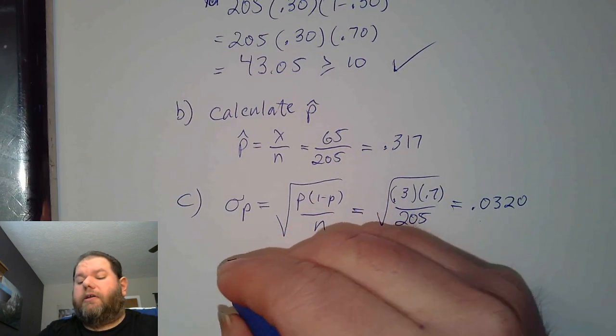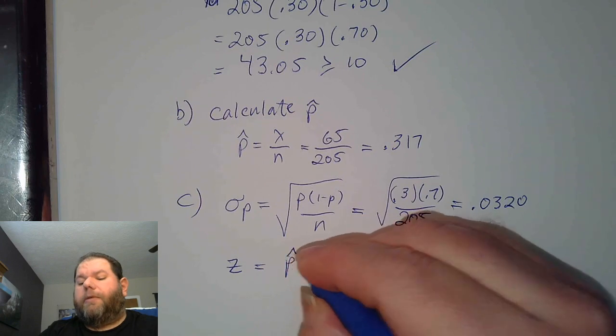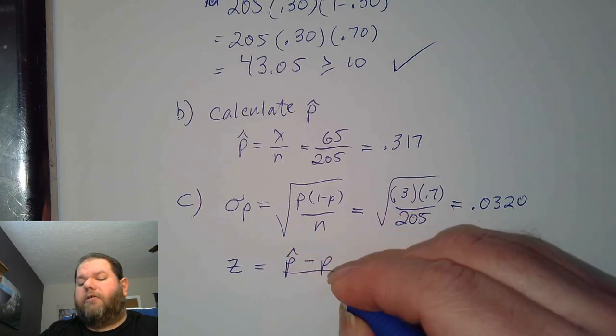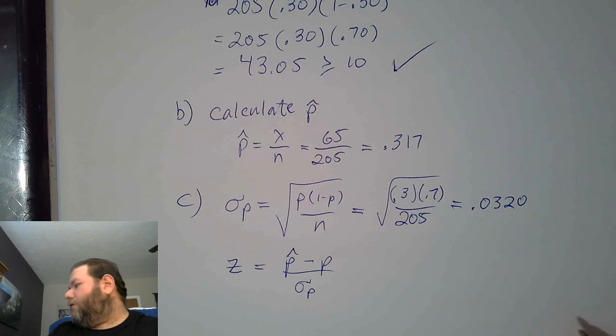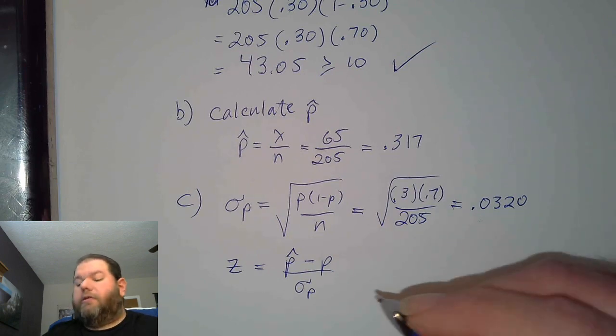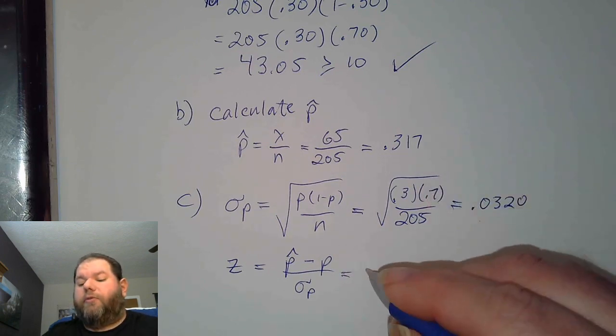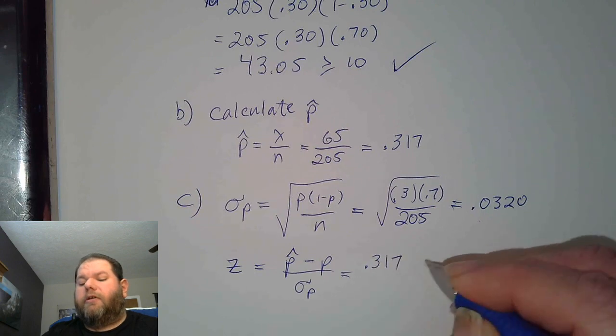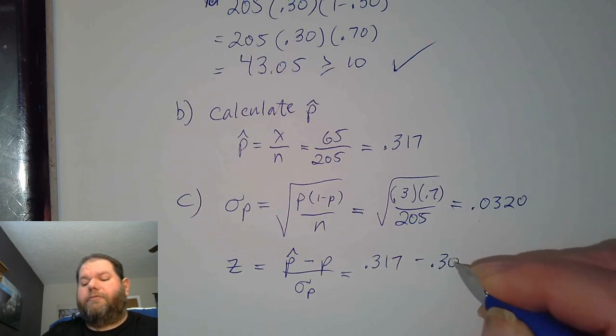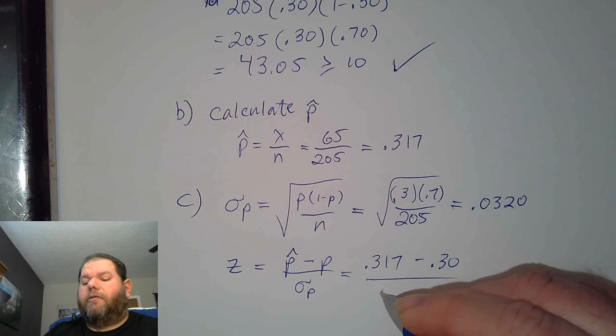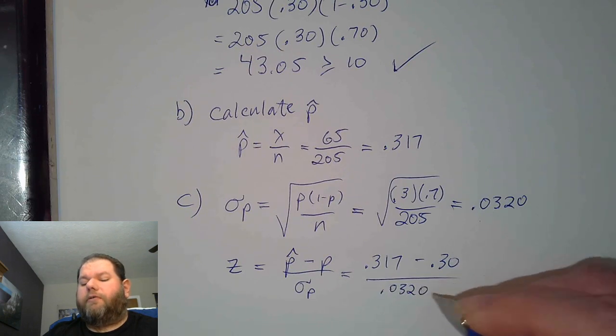Now z is equal to p hat minus p over sigma p. Now p hat we said was 0.317, p is 0.30, and sigma p is 0.0320.